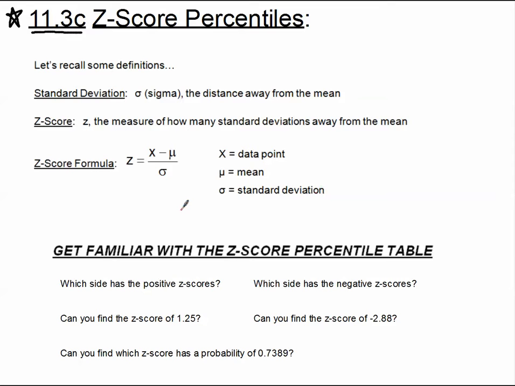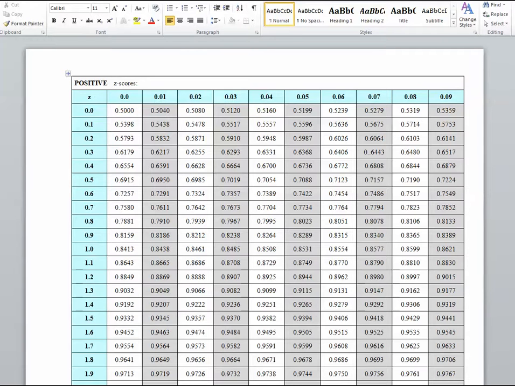The first thing I'd like to do in this tutorial is get familiar with the z-score percentile table that I've given you. So if you could please get that out. I'd like to make sure that you know which side has the positive z-scores. In this case, pull up the z-score table here. You should see the word positive on one side. So go ahead and understand that those are the positive z-scores.